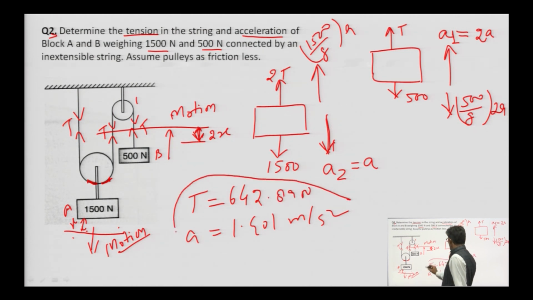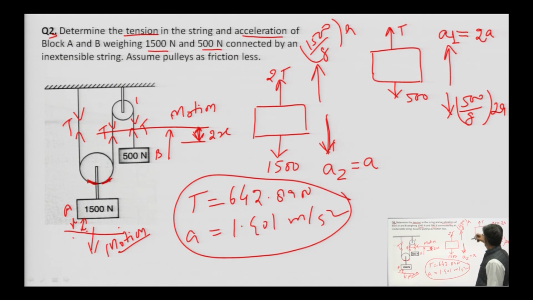Two algebraic equations we will have. One is T minus 500 minus 500 by g into 2a equal to 0, one equation from here and one equation from the other block. So, we can calculate the values of these two.